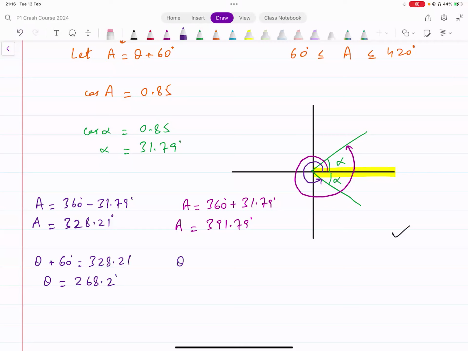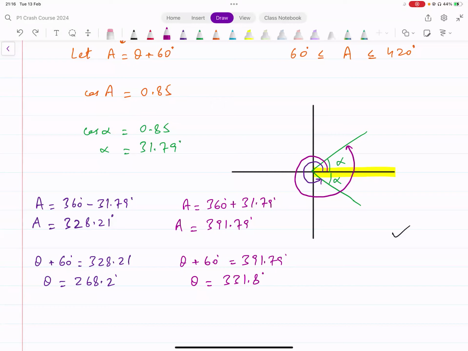And similarly here, theta plus 60 equals 391.79. Subtract 60 from that, and we get 331.8 degrees. These are the two values of theta that we get as our solutions.